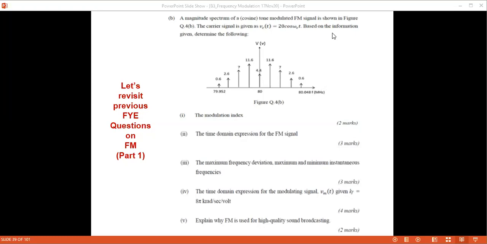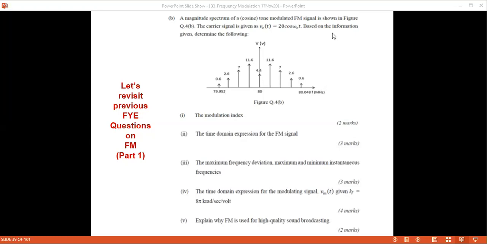Last week, in our asynchronous class, we covered the earlier part of FM. We learned about the general equation of angle modulation, which includes FM and PM. Then we learned about the modulation index, spectrum, and power performance.